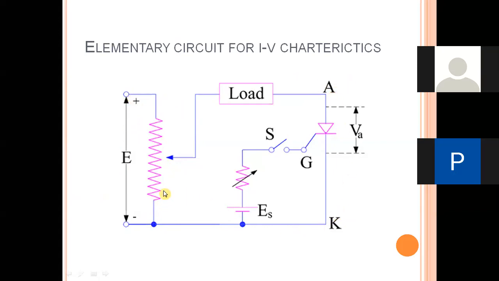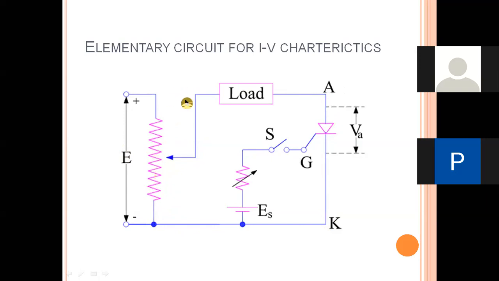Then the resistance value here is going to be maximum. When the resistance value is maximum, minimum current is going to flow through this circuit. Whenever we need to increase the voltage, we simply vary the variable terminal of the variable resistance connected here.